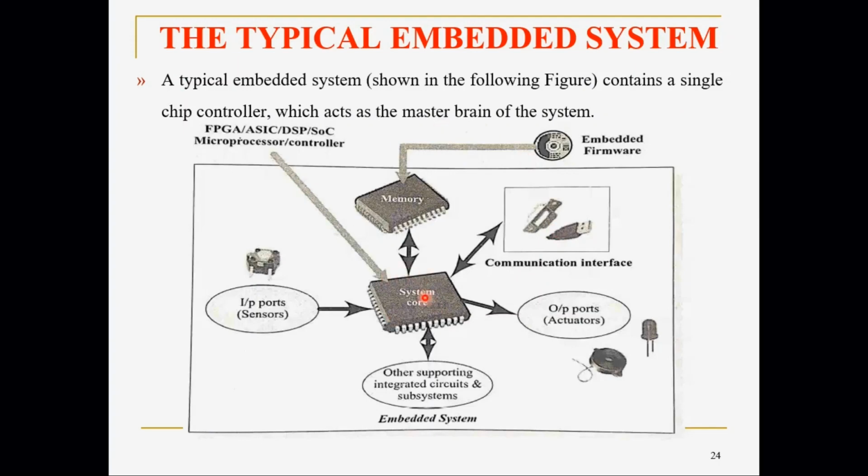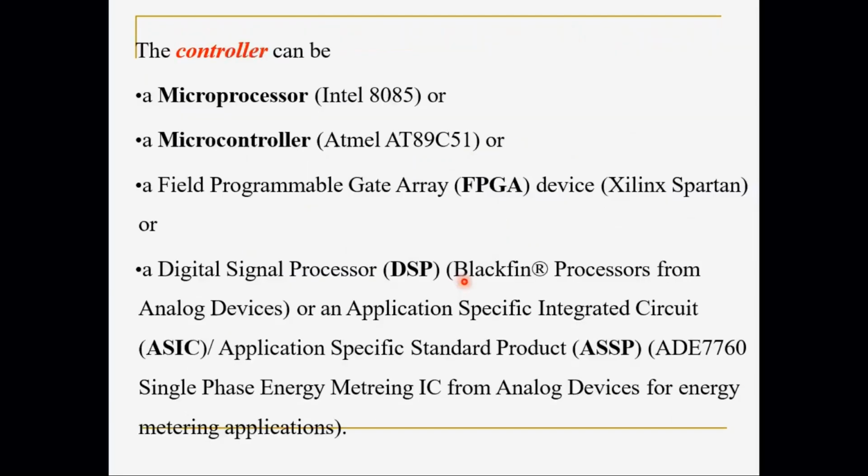Here we are going to study the system core, then memories, then various input output sensors, various sensors that are used to read input signals from the external world. Then we study various actuators, various communication interfaces, and also firmware, the software. All this one by one we'll study. So we'll start from the system core.